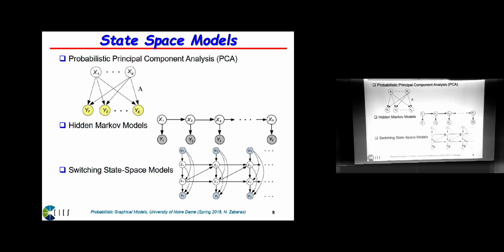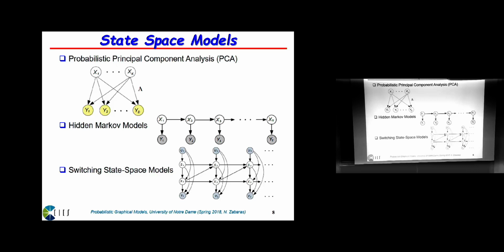But let me concentrate on either a hidden Markov model, where all the variables are discrete, or state space models, which are similar to hidden Markov models, but these x's are continuous variables and the observations y are also continuous variables.